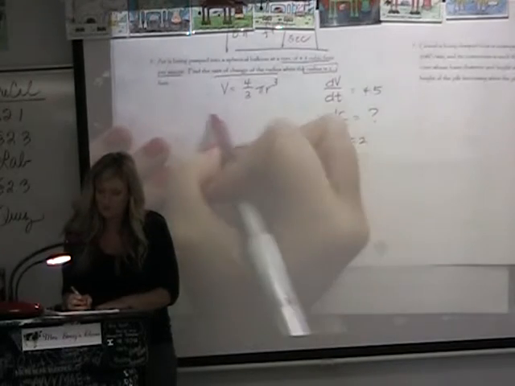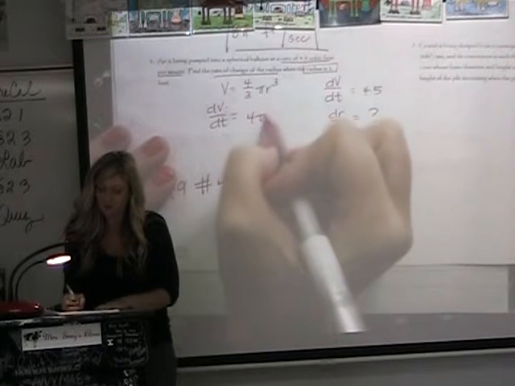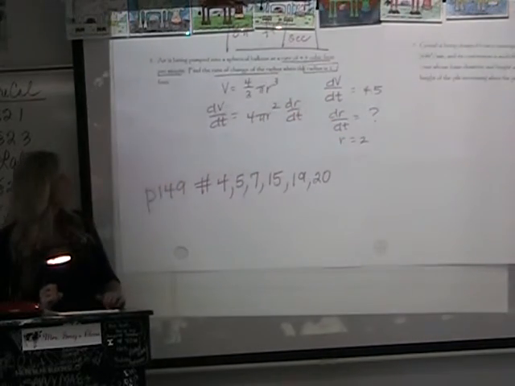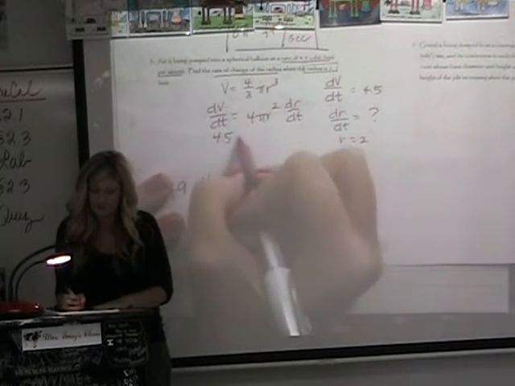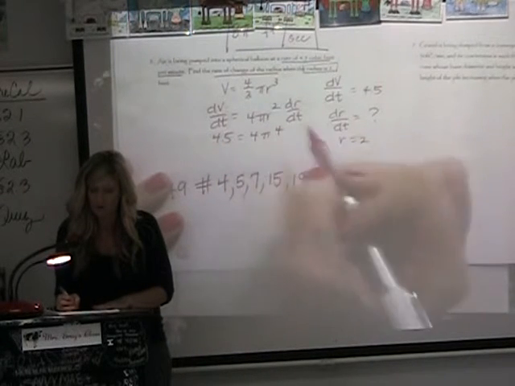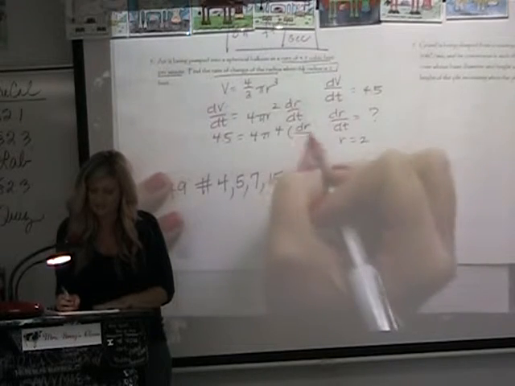And so if you took the derivative, you should have gotten dV by dt equals 4 pi r squared dr by dt. Then if you substitute in 4.5 for dV by dt and 2 for r, we're going to solve for dr by dt.